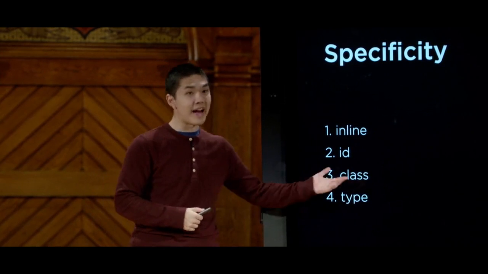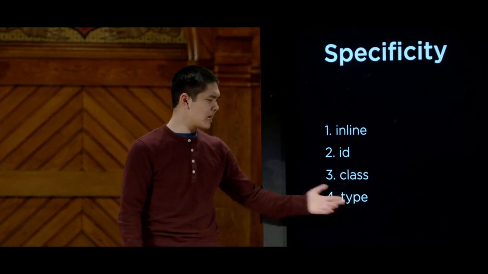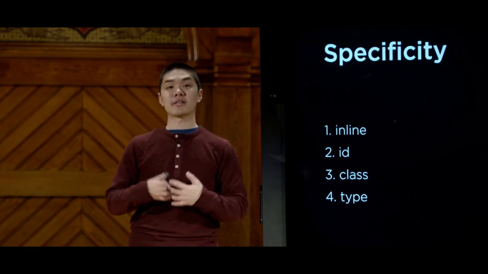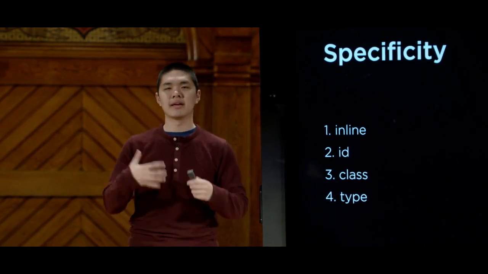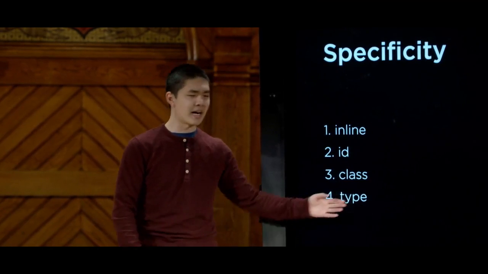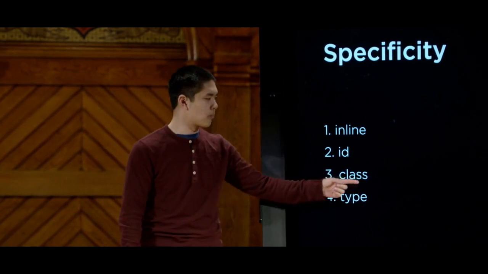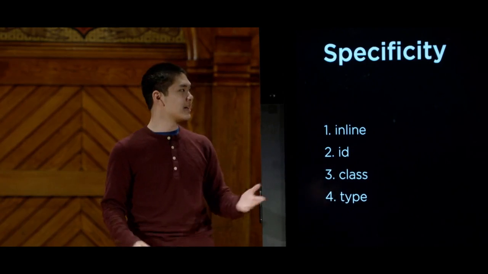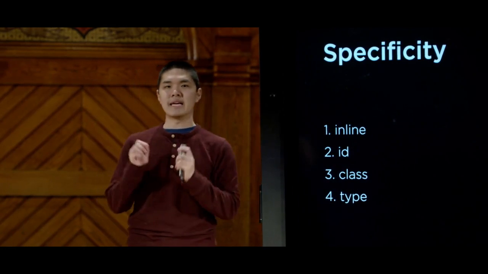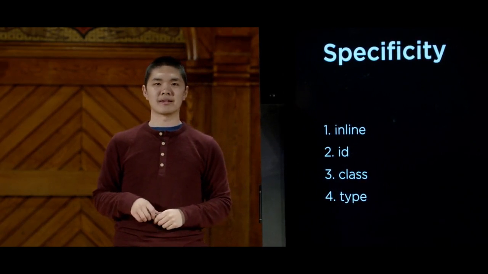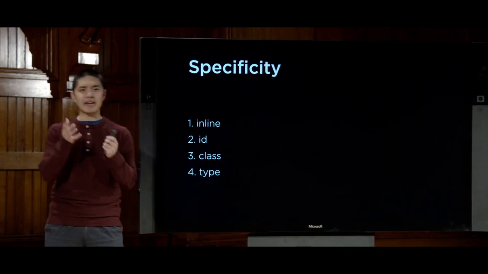And if so, then that takes next precedence. Otherwise, we fall back to what type of HTML element it is. Is it an H1? Is it an ordered list? Is it a table? So in short, the type is the least specific, class is slightly more specific, ID is more than that, and the most specificity we can provide is by literally putting the CSS in line with the HTML element itself.